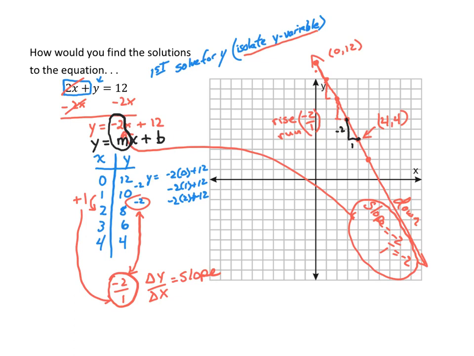Now that b number that we wrote there, see y equals mx plus b, the b is 12. And in this case, that's where we began to make our points. But that 12 will always be the number that's left if x is equal to 0. And that point is always on the y-axis. That is the y-intercept.